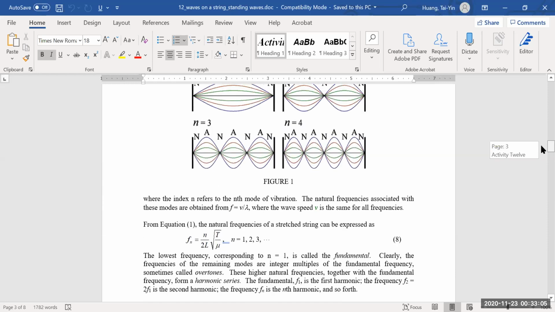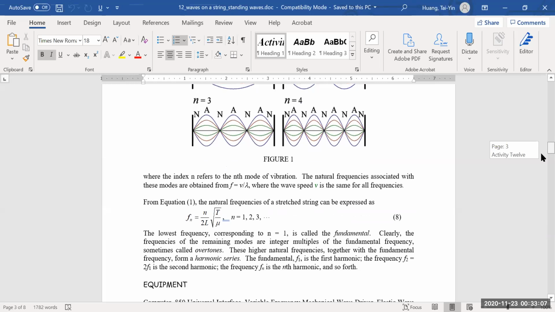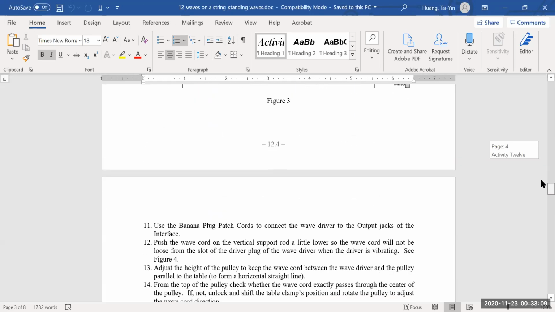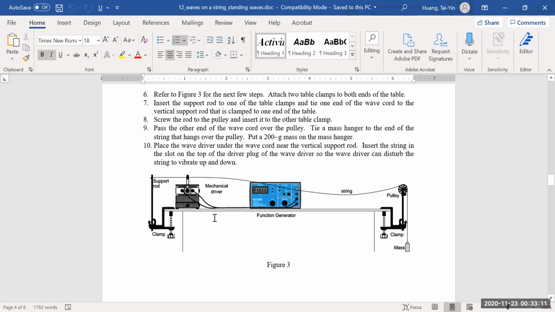During the experiment, the way for students to figure out which frequencies they got is by changing the frequency. You're going to set up like this, with the two rods and the mechanical driver. The mechanical driver is going to set up vibration, and on the computer you can use the software to change the frequency.